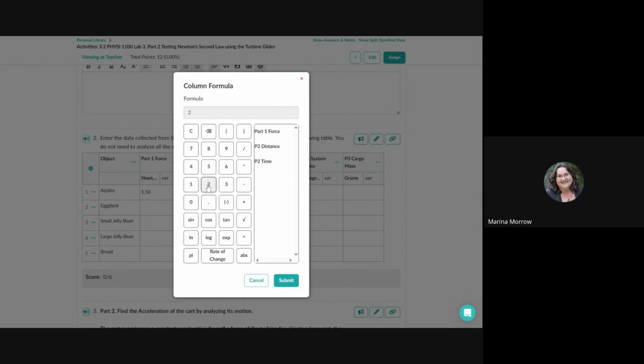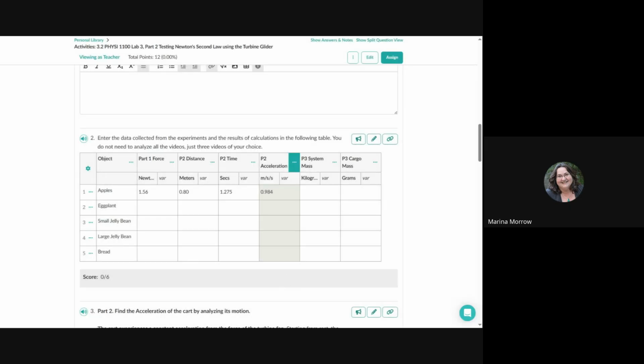I want 2 times the distance divided by, and I'm going to put it in parentheses, the time, and then use the caret here to raise it to the exponent, the time squared. Okay, so 2 times the distance divided by the time squared. That's a formula, and now the calculation occurs automatically.